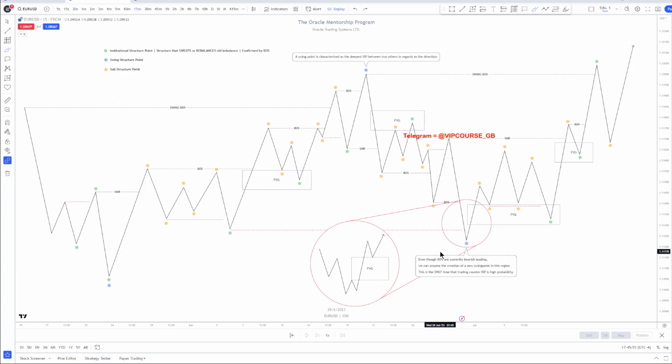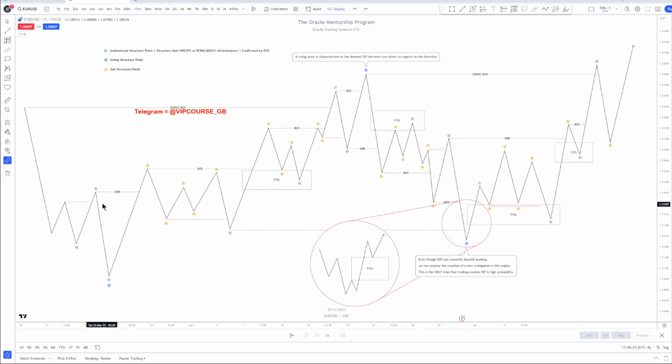Points of any kind, well, institutional points, I should say, are confirmed when there is a break of structure. A good question to ask is, well, what is a break of structure? A break of structure cannot be a simple break of sub. It needs to be a break out of the leg or of the previous institutional leg.